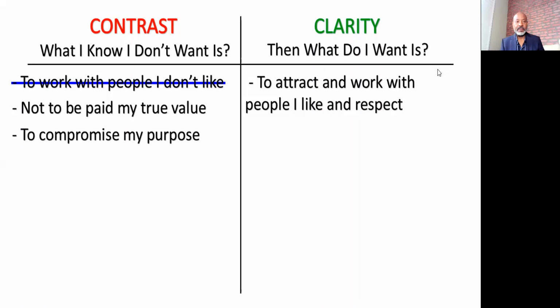So if I read my statement, what I know I don't want is to work with people I don't like. Then what do I want is to attract and work with people I like and respect. And once I make that clarity statement, then I scratch out the contrast. I don't need it anymore.